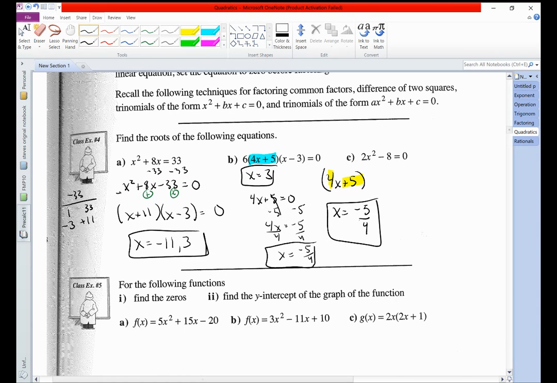And that'll work every time. You can check that by plugging the x back into the equation and seeing if it equals 0. And you can see that they're the same there. So if one of your factors, for example, was 2x minus 3, the root of that is going to be, change the sign of the second one, +3, divide by the first one.